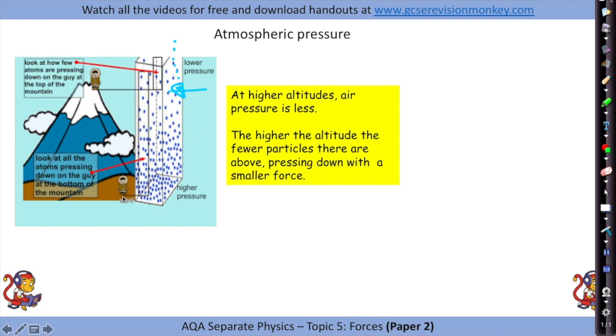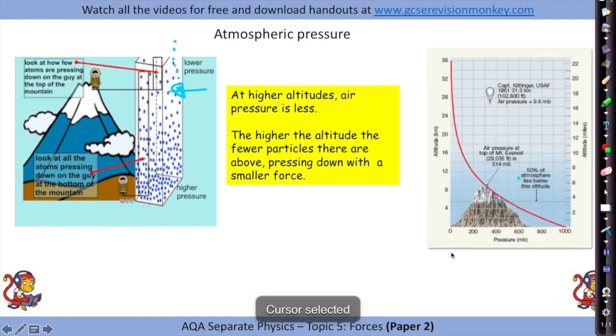And the further down you are, the more particles there are above, so they're pressing down more, meaning that all the particles are closer together because there's a bigger force pushing on all of them. If we were to draw a graph of air pressure against altitude, we would see that the pressure is very low when we're really high up in the atmosphere, and you can see it steadily increases as you get closer towards the ground.